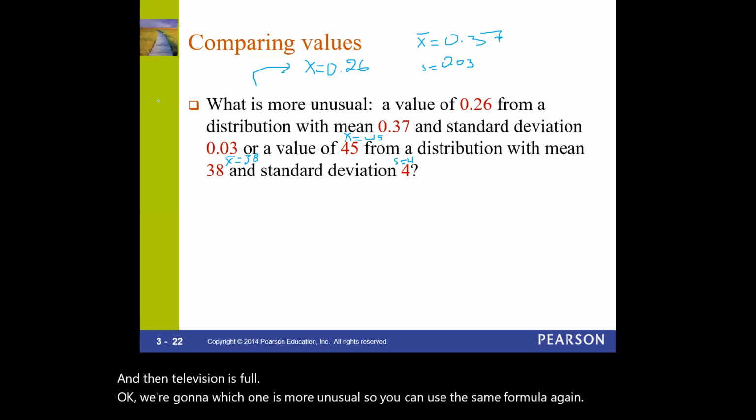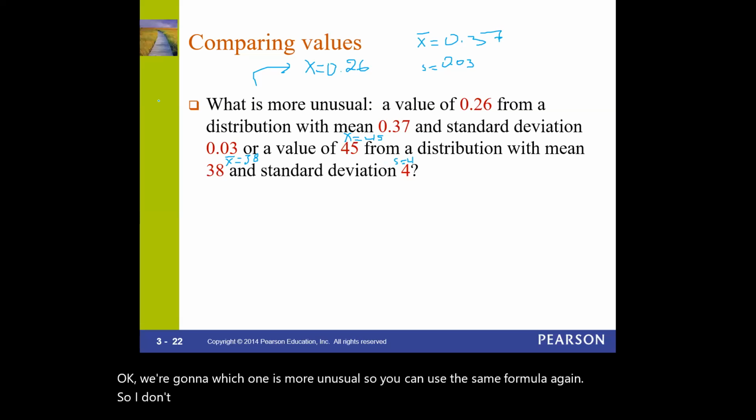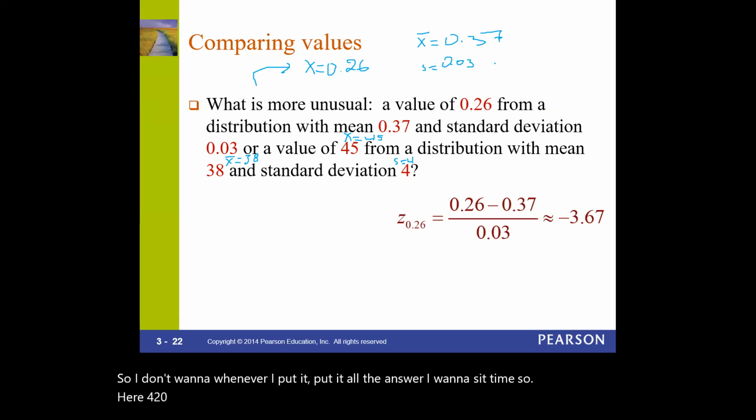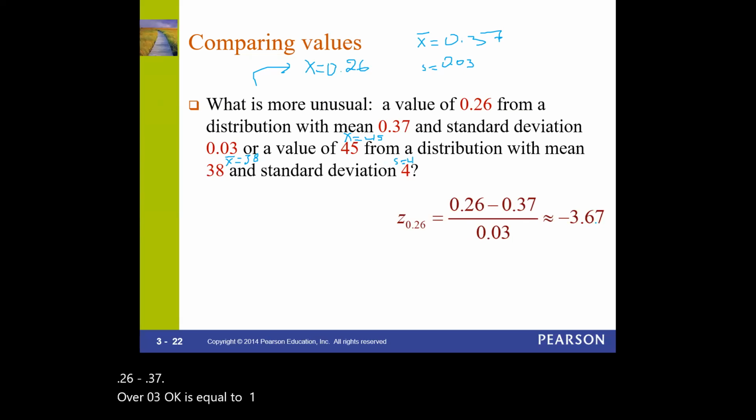Whenever I put all the answers, I want to save time. So here for 0.26, it's going to be 0.26 minus 0.37 over 0.03, which is equal to negative 3.67.